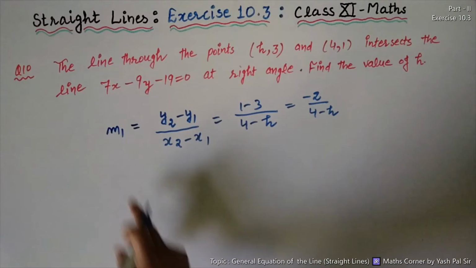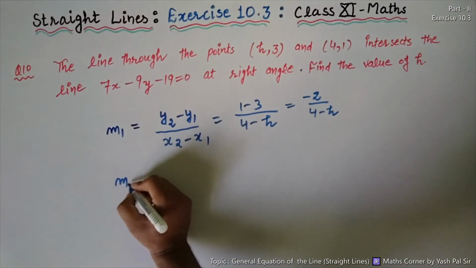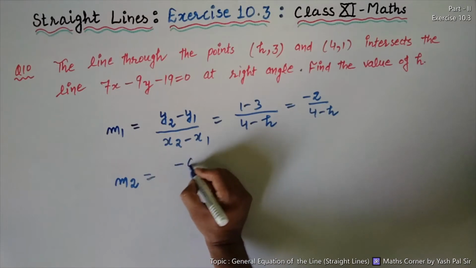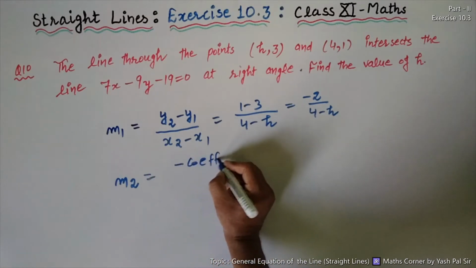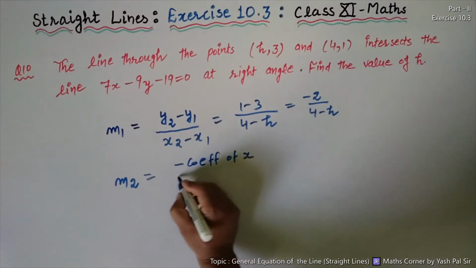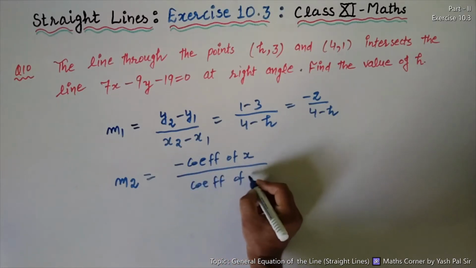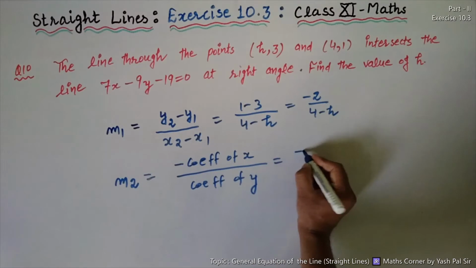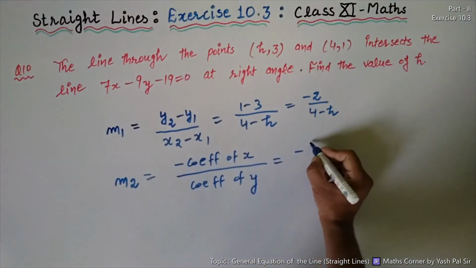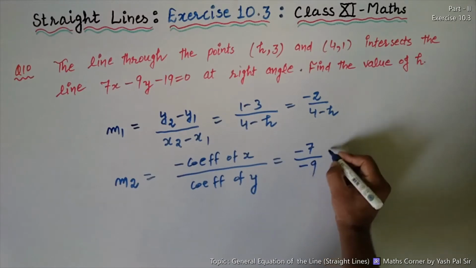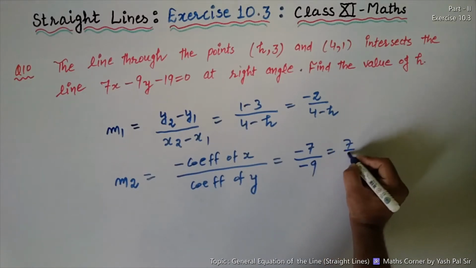Likewise, the slope of the second line, m2, is equal to minus coefficient of x divided by coefficient of y, which is minus 7 divided by minus 9. This is equal to 7 upon 9.